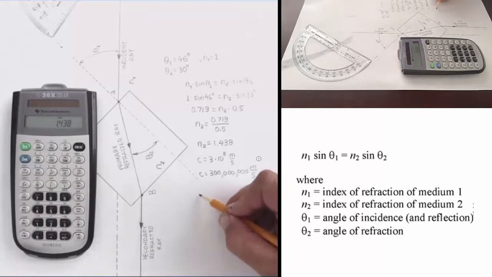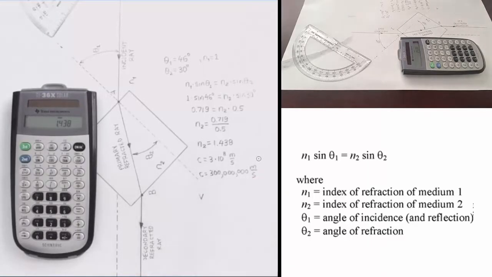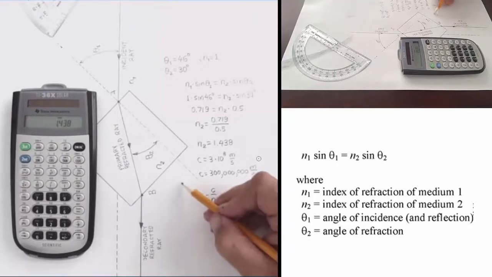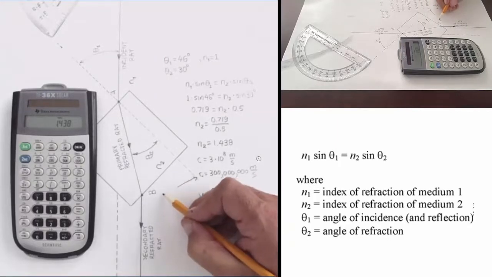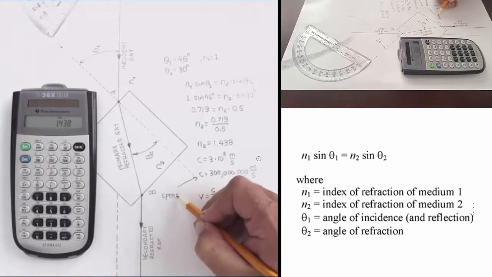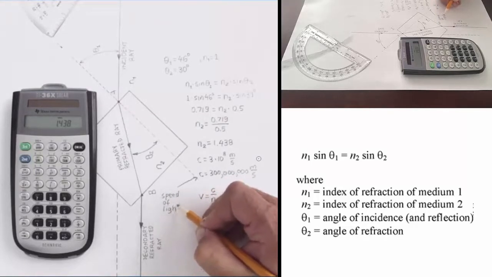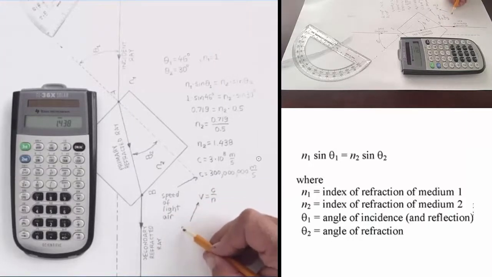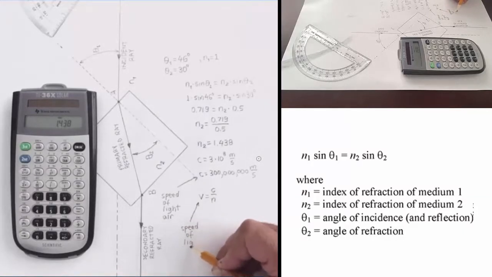And now the speed of light in the optical block, that's of interest here, that's our goal for this lab, is going to be reduced by the index of refraction factor. So the speed of light in the optical block is going to be equal to c over n. So again, c represents the speed of light in air, while v represents the speed of light in the block.